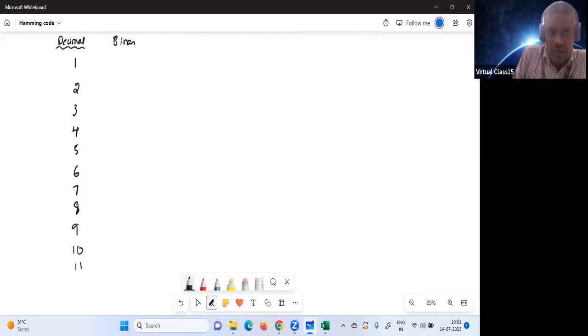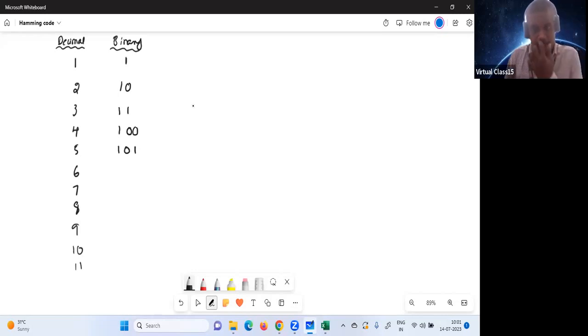Can you tell me the binary equivalents? 1 is 1 only. 2 is 10. 3 is 11. 4 is 100. 5 is 101. 6 is 110. 7 is 111. 8 is 1000. 9 is 1001. 10 is 1010. 11 is 1011.